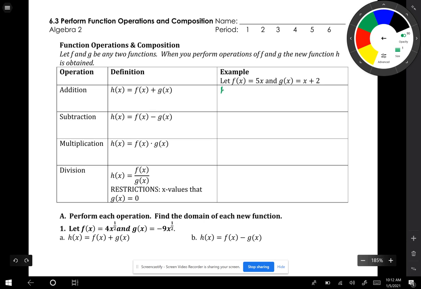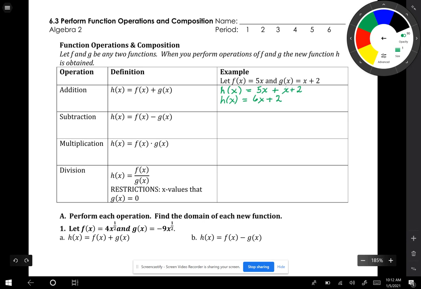So h of x is equal to 5x, because that's f of x, plus g of x, which is x plus 2. And when you simplify, you get h of x, and that's not h times x, it's h of x, equals 6x plus 2.